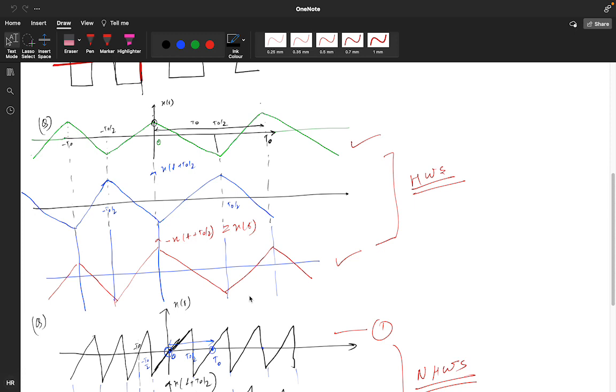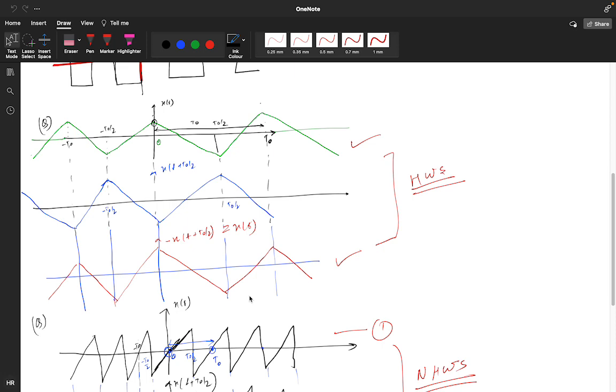Priyanka, yes. Vaishnavi? Okay. So this is the concept of half-wave symmetric.